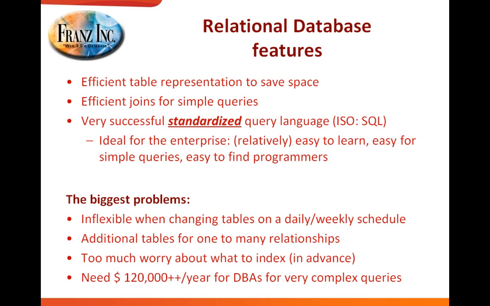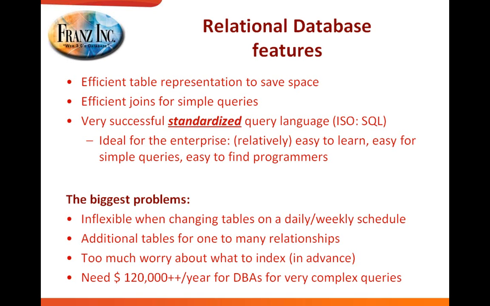And I would say that about half the time a DBA is worrying about what to index because particular queries are slow and you just want to get them faster by having new indices. And then one other problem is that in the Bay Area where we live, if you want to get a good DBA that can do really complex SQL queries, then $120,000 per year is the least. Okay, so that's about relational databases.